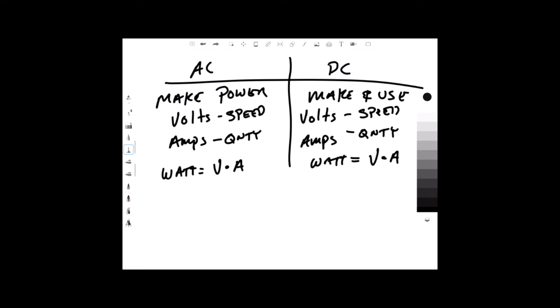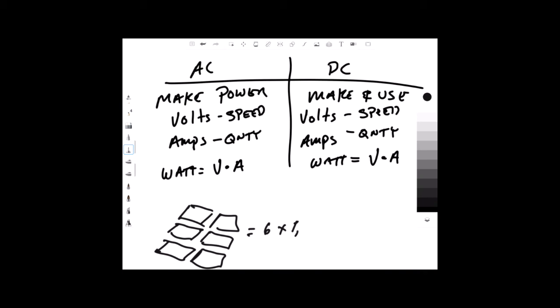Okay, let's say we have some solar panels. And like I said earlier, the solar panels all make DC power. So let's say this solar setup is 6 solar panels times 1,000 watts. So we would have the capacity of making 6,000 watts of power.